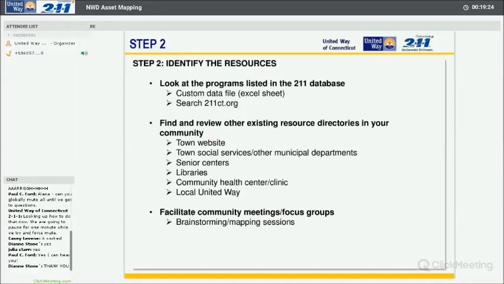So we are on step 2, talking about how to identify the resources. One potential way, like I said, is to look at the resources that are already listed in the 211 database for your community. We can do that by pulling an Excel spreadsheet for you, or you can play around on 211ct.org yourself and search for any category of service to get a sense for the services that are listed in your community.